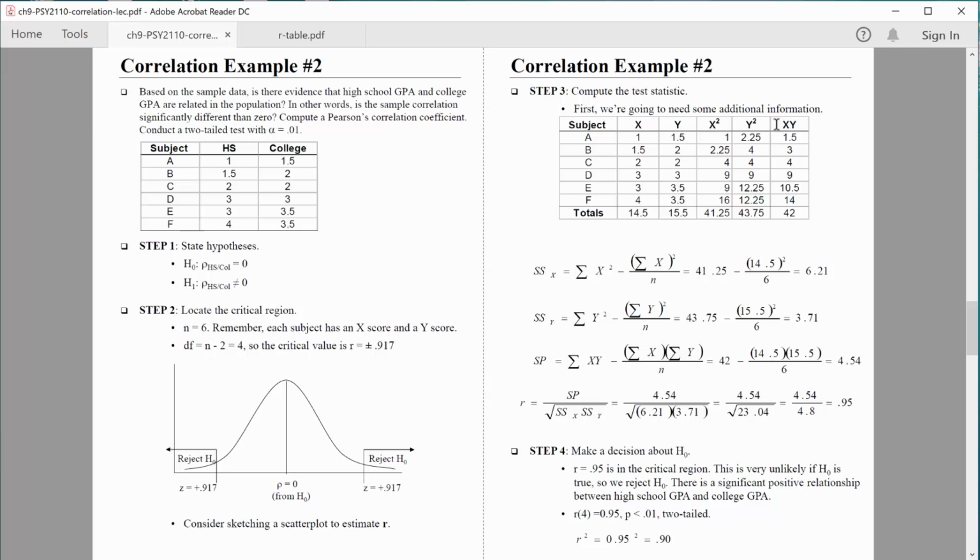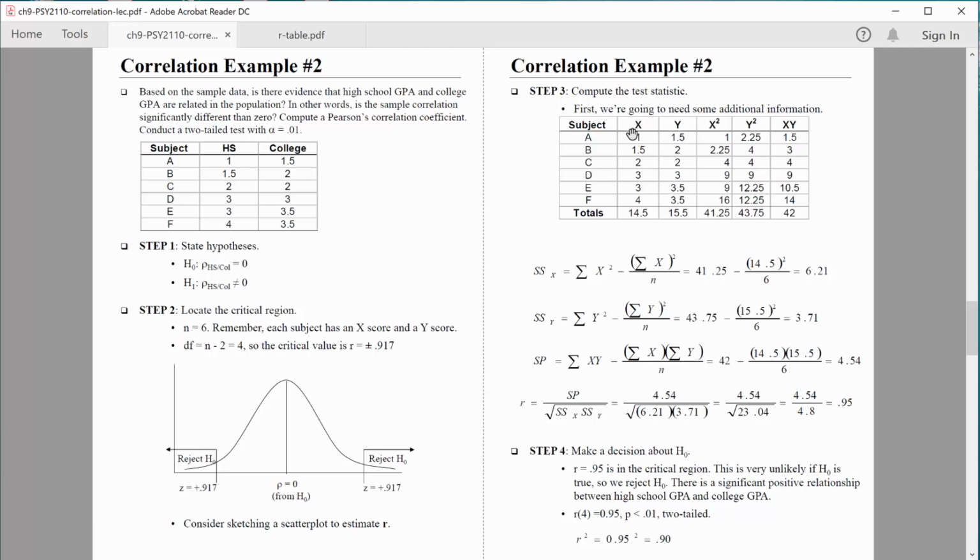So it doesn't matter when you do it, but at this point I'm going to need to square every x value, which I do right here. I'm going to need to square every y value, which I do right here. And then I need to take the x value for each person and multiply by the y value for each person. So in this case, 1 times 1.5 equals 1.5. 1.5 times 2 equals 3. 2 times 2 equals 4, and so on.